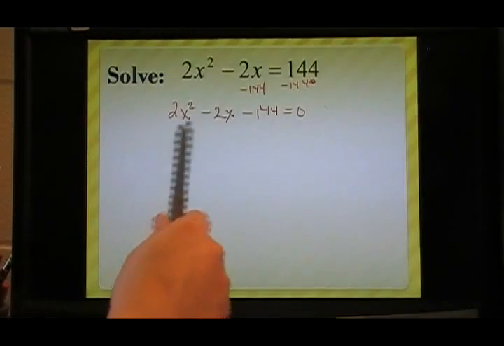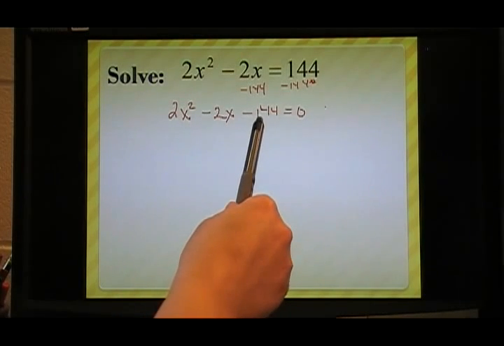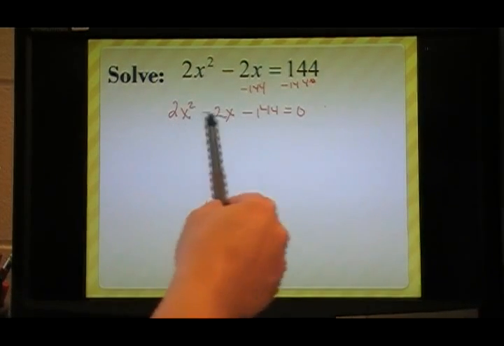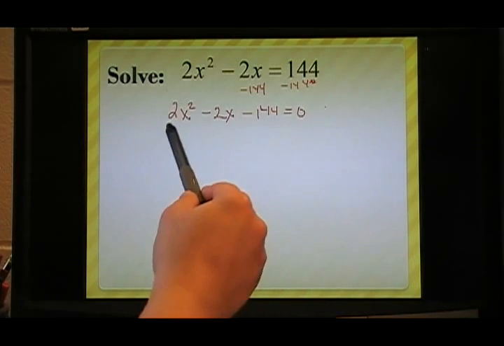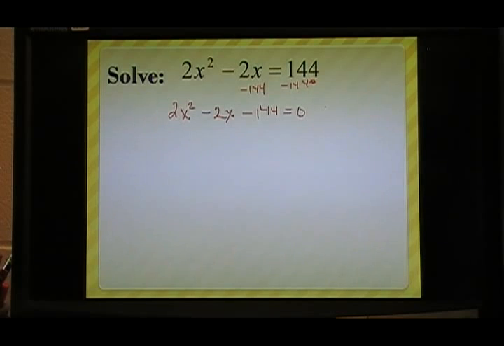Next, looking at this, 2, 2, and 144, there is a common numeric factor of 2. So when your GCF is just a number and there's no x included, you can either just factor the 2 out, or easier yet, simply use my multiplication property of equality and divide both sides by 2.